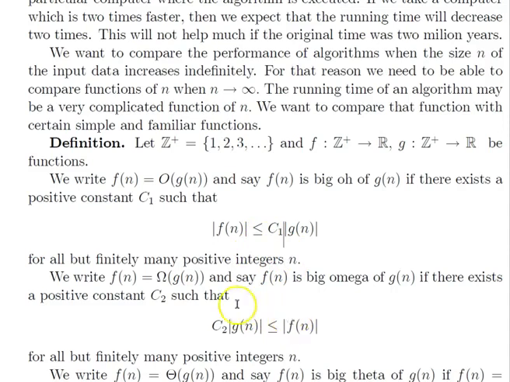Similarly, we define f of n equals big omega of g of n, if there is a positive constant C2 such that C2 times the absolute value of g of n is less than or equal to the absolute value of f of n for all sufficiently large values of n.